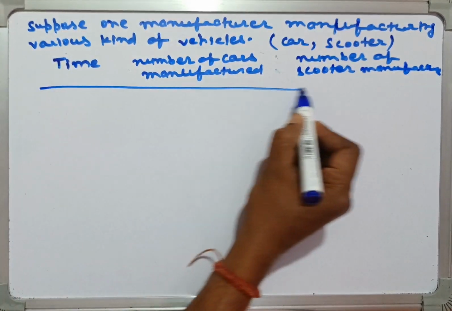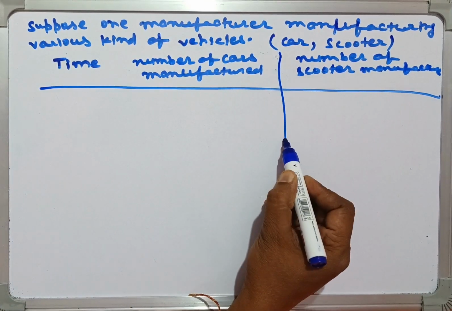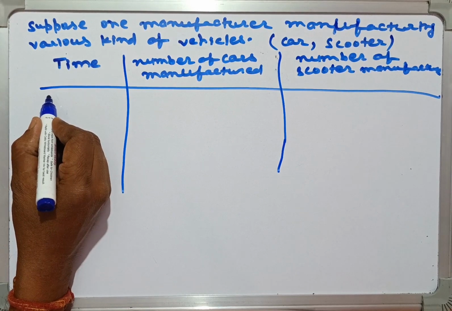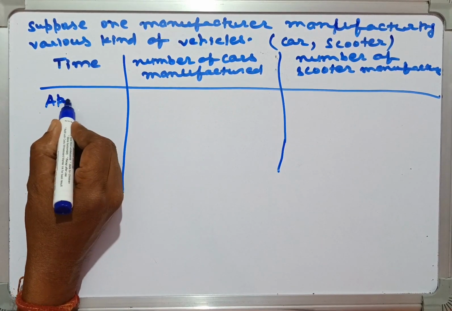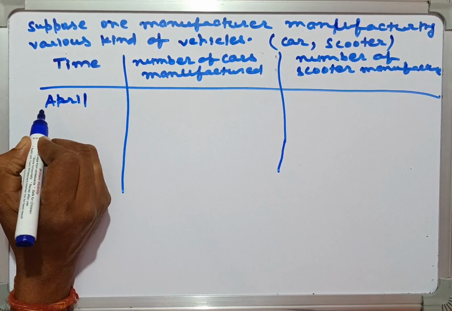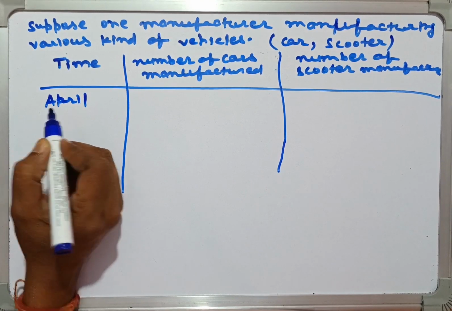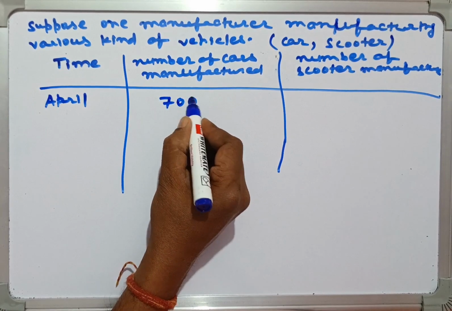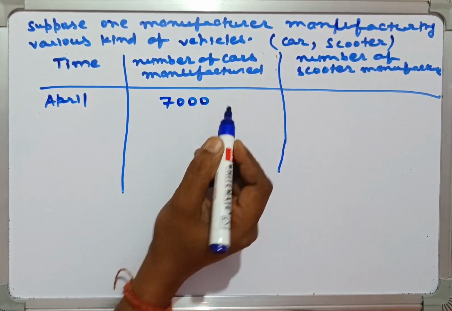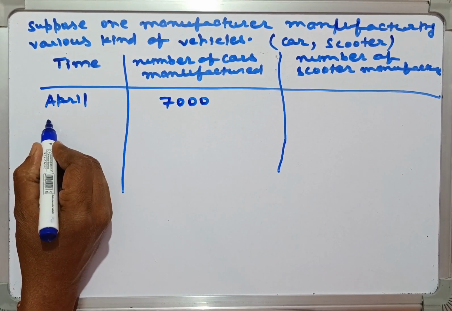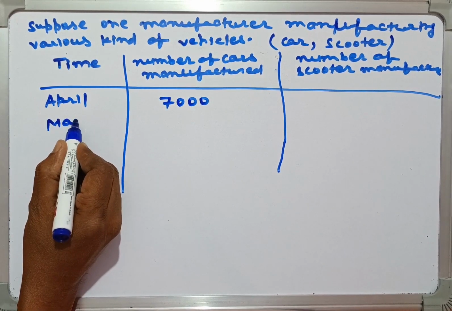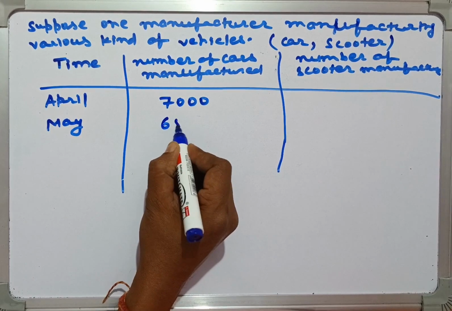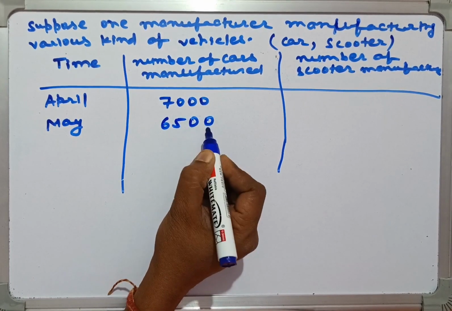Okay guys, here see, in month of April he manufactured 7,000 cars. Okay, in month of May he manufactured 6,500 cars.